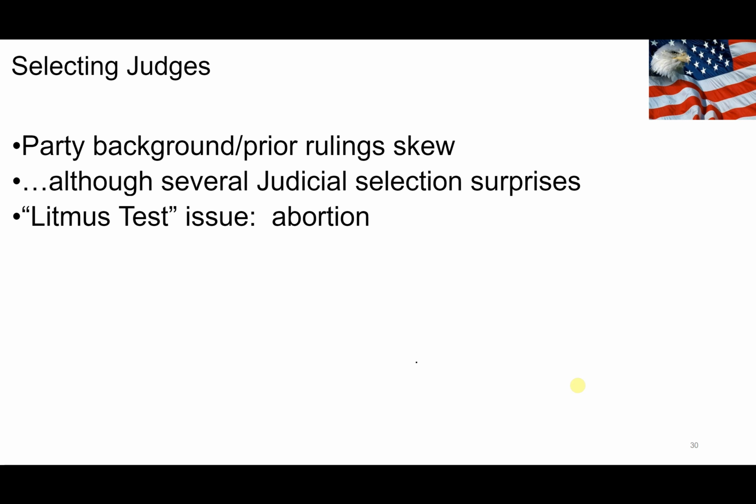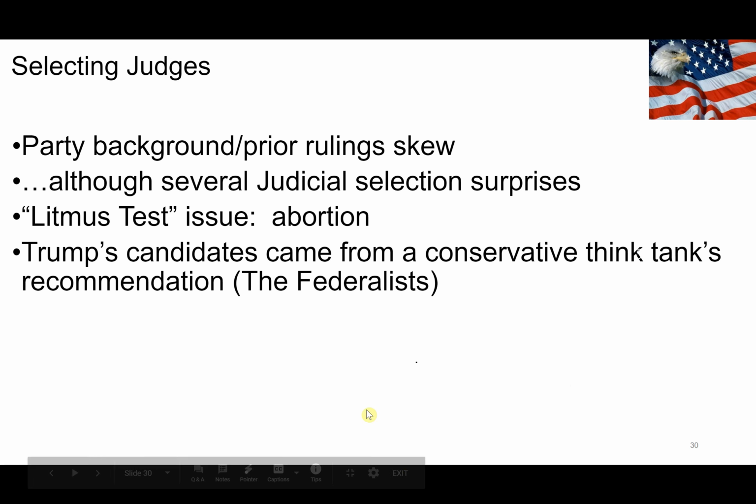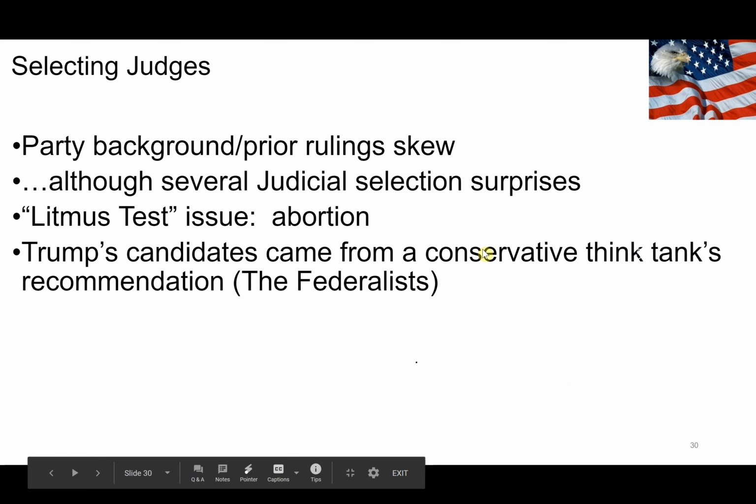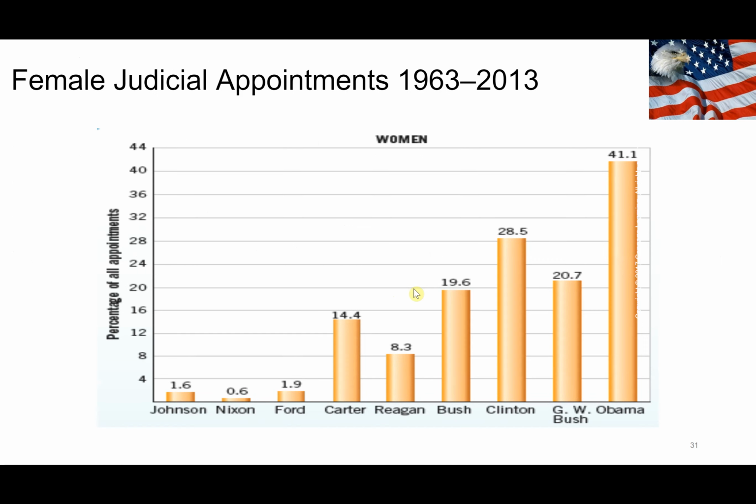In order to ensure that they will act accordingly, the politicians, like senators and presidents, who appoint and approve the nominee usually look at litmus test issues like abortion to see where they stand. For example, Trump's candidates came from a conservative think tank's recommendation, the Federalist think tank.